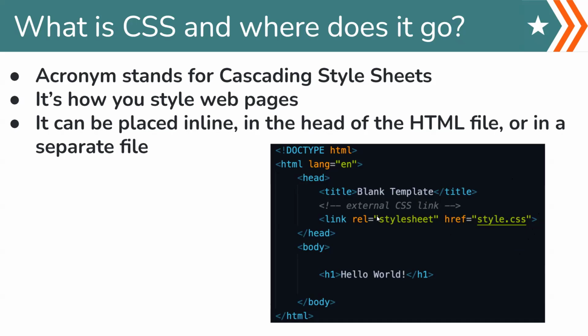One is the relationship that your style sheet has, or like what type of link is this? What file are you connecting to this? Well, this is a style sheet, right? And then you're going to specify where the style sheet is located and what it is called within the href. That is how your HTML file is able to locate what styling it should use in corresponding to itself.